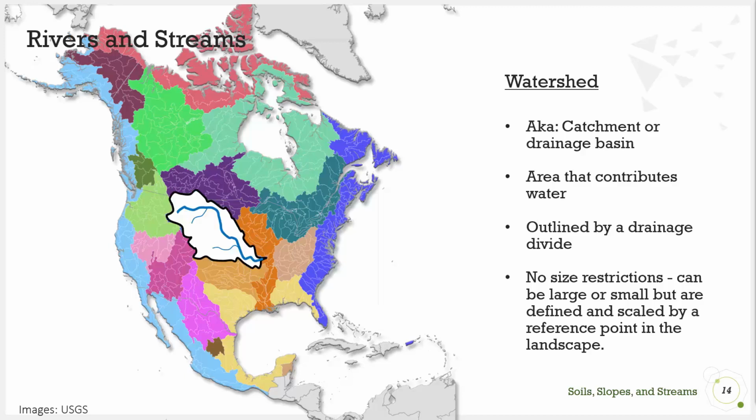For example, here's the Missouri River drainage basin, as defined at its confluence with, or the point where it enters, the Mississippi River. So the Missouri is part of the entire Mississippi River watershed. The Mississippi River watershed shown here is the upstream area of its outlet to the Gulf of Mexico.